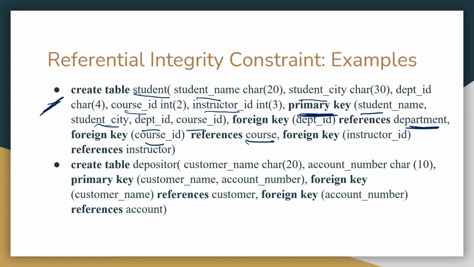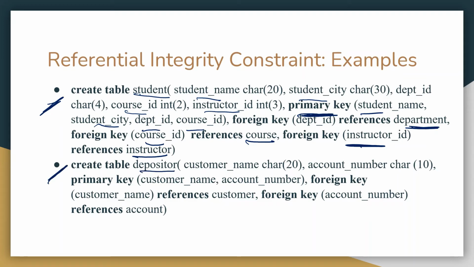So it will have the complete set of course IDs. Then similarly, instructor ID is a foreign key which references instructor, because the instructor relation will comprise the instructor IDs of all the instructors who are offering any course.